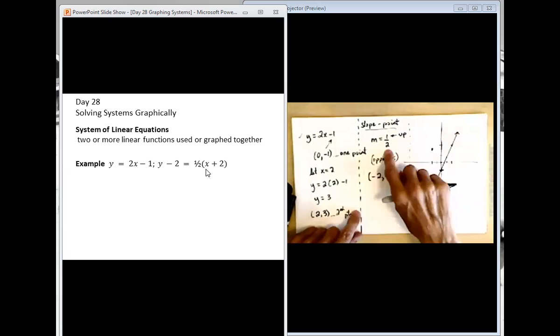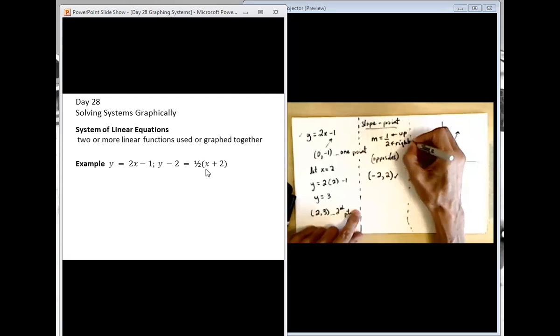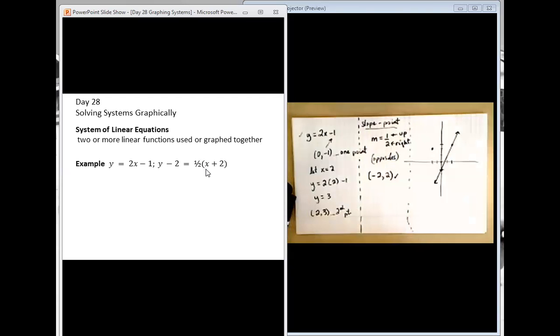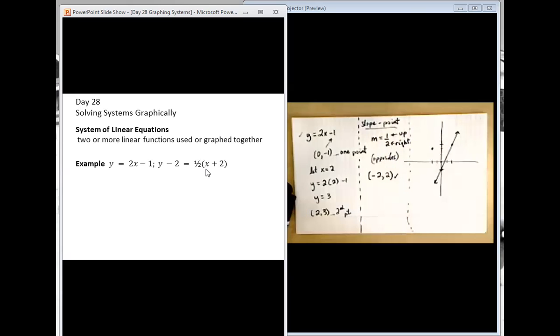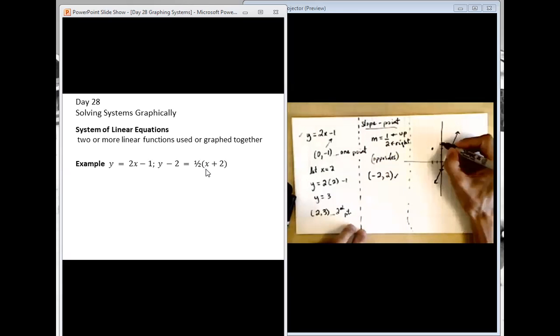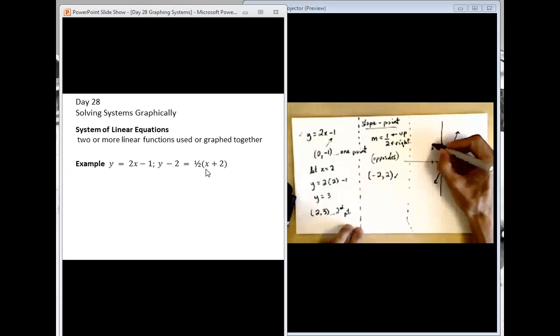The 2 is positive, so we go to the right. Okay, so we go up by 1, and then over by 2. So our new point is going to be right there. Goes up by 1, and over by 2.